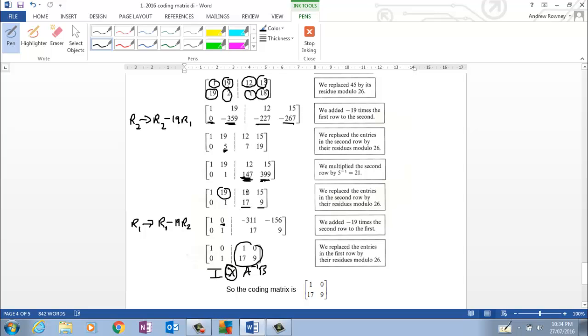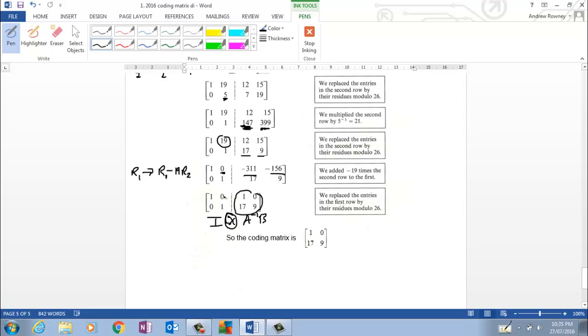This will be 12 take 19 times 17, and this will be 15 take 19 times 9. Now we have to get those numbers to be in the alphabet, so we subtract multiples of 26, and that comes to 1 and 0. And so finally we've got our answer 1, 0, 17, 9. So that was the coding matrix.